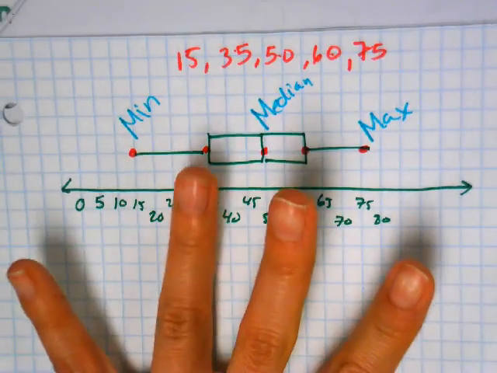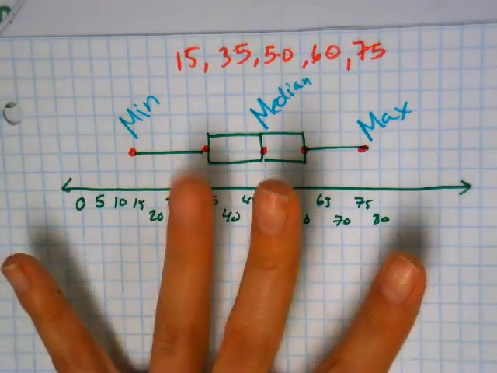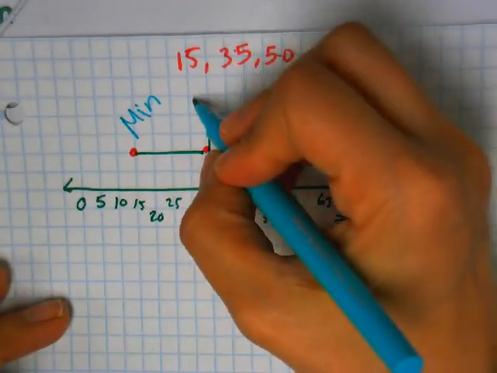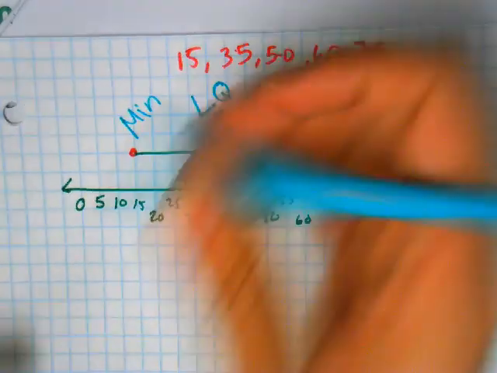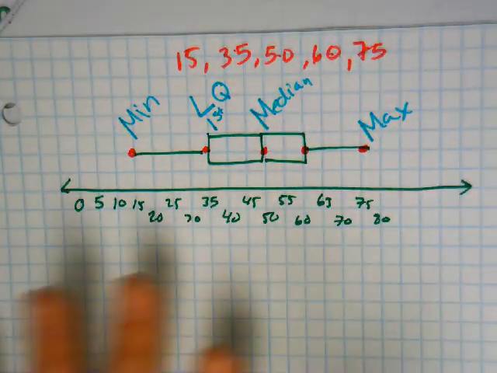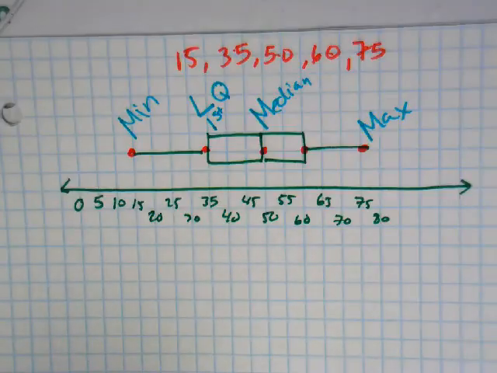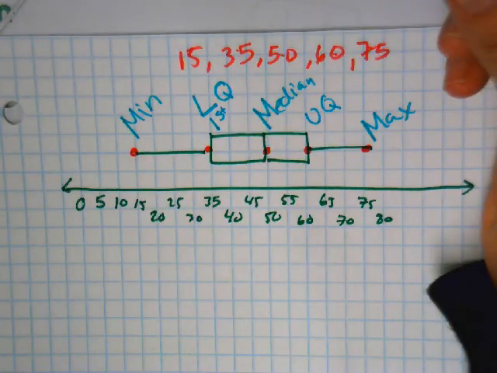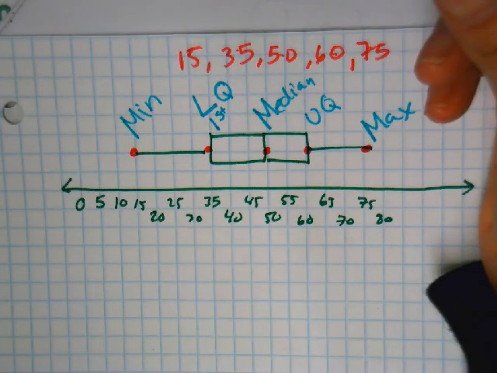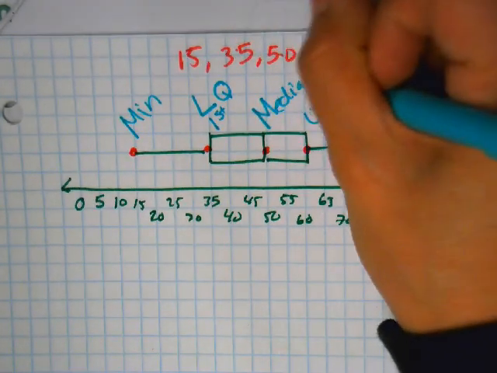What does my second finger, Roger? Lower quartile, also known as first. And what is my pointer finger, the fourth dot? Kevin? Upper quartile, also known as third. Which one's your second? Median.